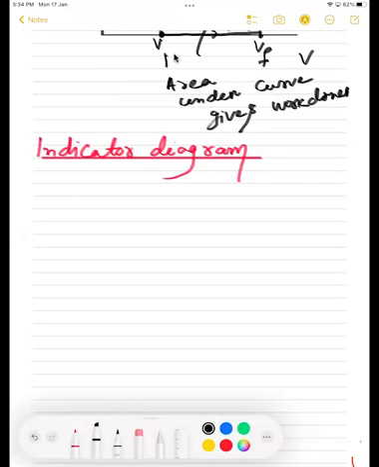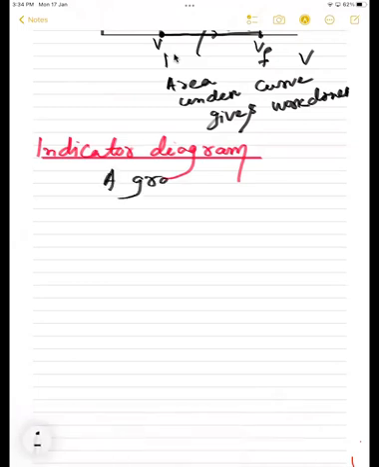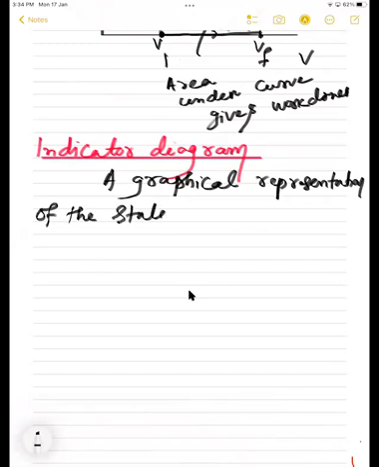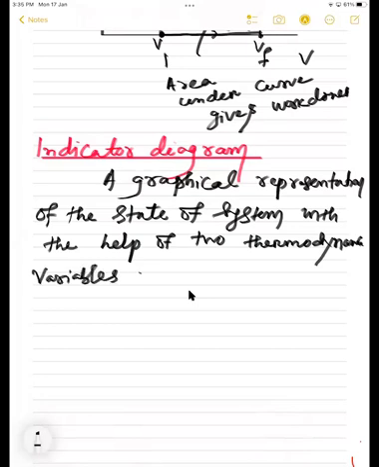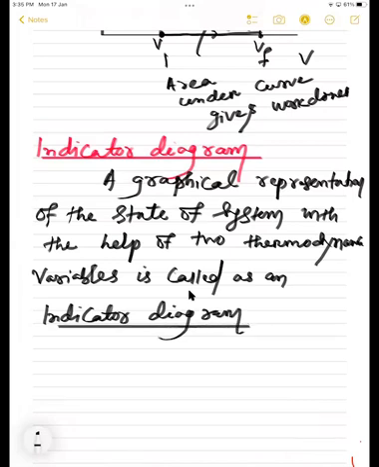So write the definition of indicator diagram: a graphical representation of the state of a system with the help of two thermodynamical variables is called an indicator diagram. Understood, students?